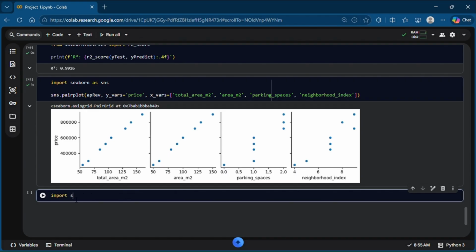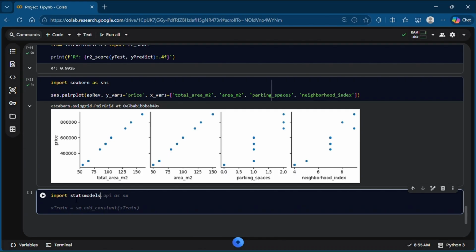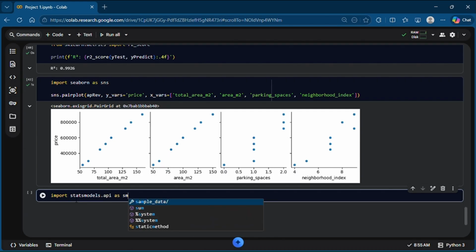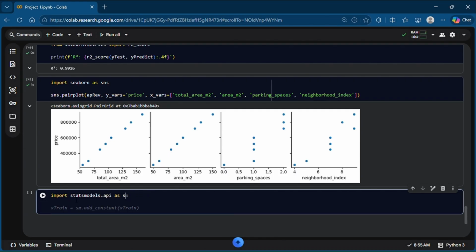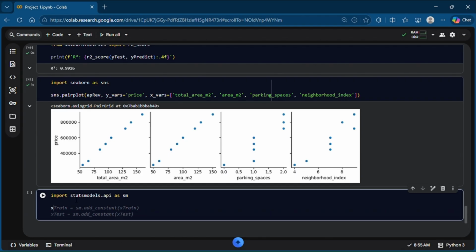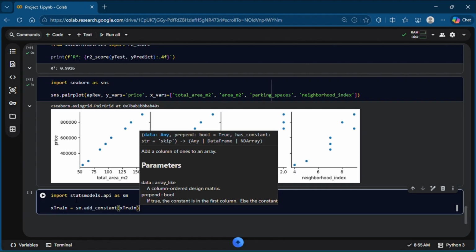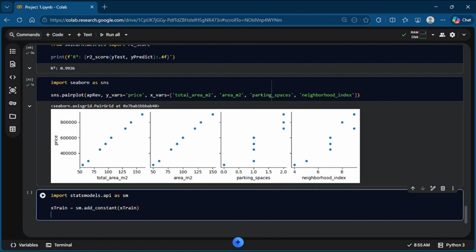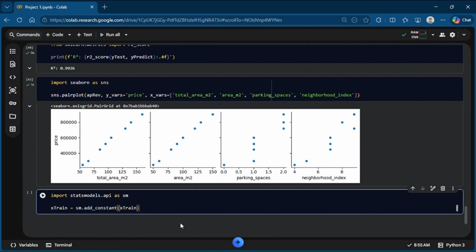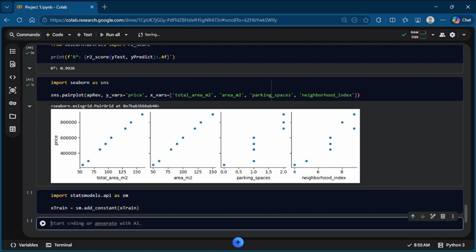So import statsmodels.api as sm. x_train equals sm.add_constant(x_train).